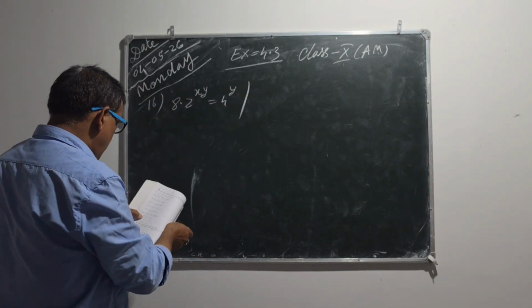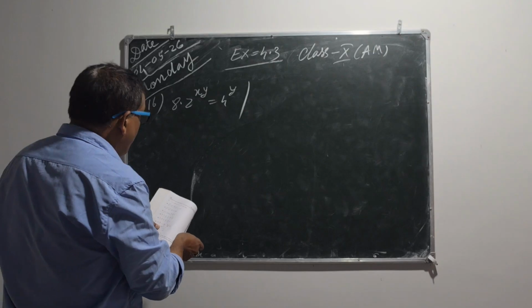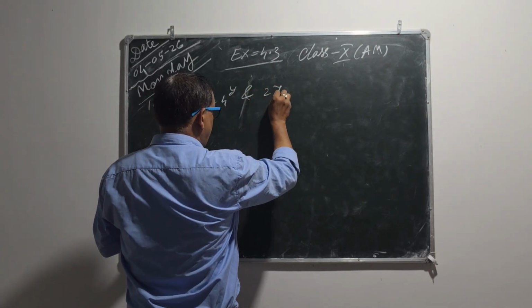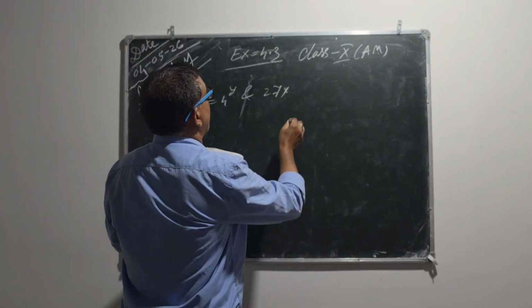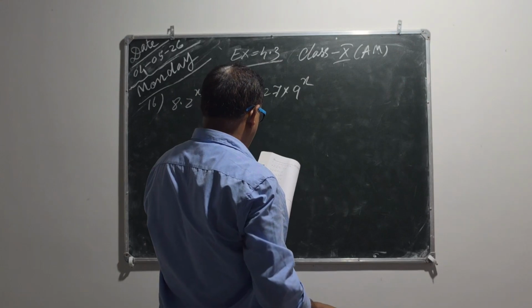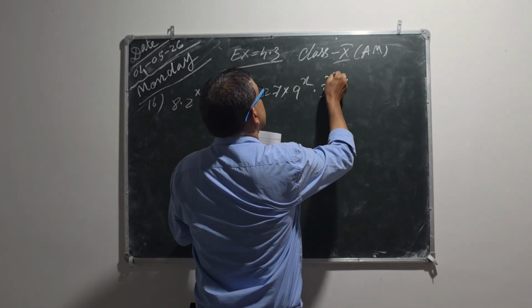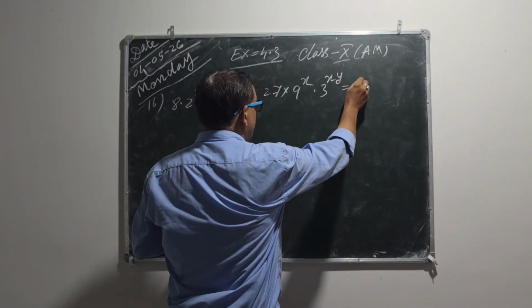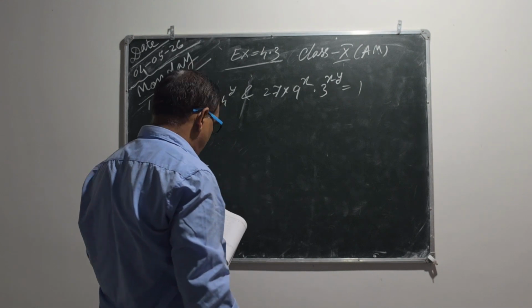And another equation is given: 27 into 9 to the power x into 3 to the power xy is equal to what? So let us solve this one.